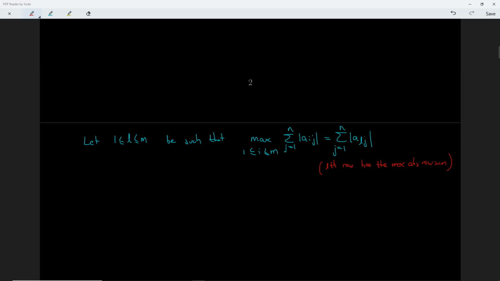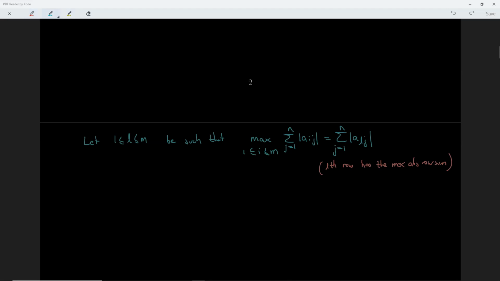So what we will try to do is get the maximum row sum, the sum of absolute values of this row, by multiplying that row with a specific vector. So I will write down the vector, and maybe you might agree with me.